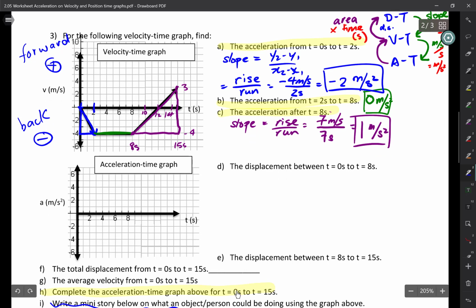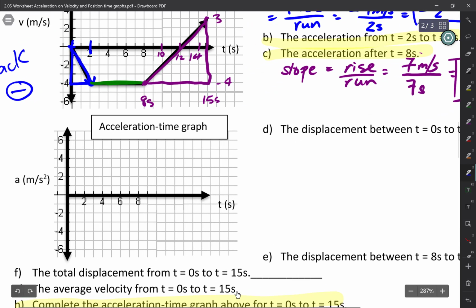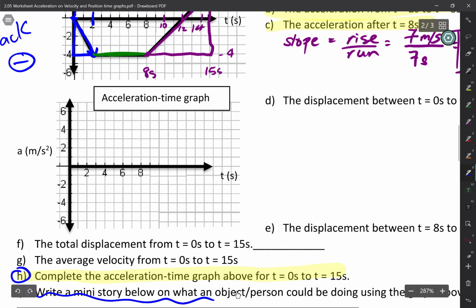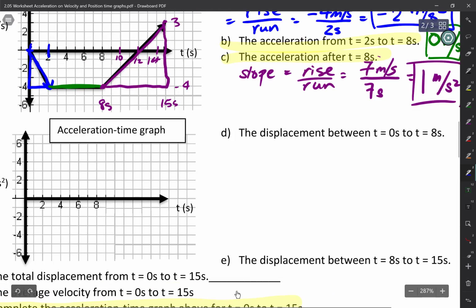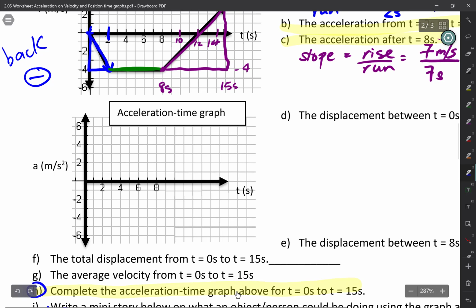So let's start with t from 0 seconds to 2 seconds, where the acceleration is -2. Let's graph that. So right now we're actually doing question H, just to make the flow of the understanding of the motion easier. -2 meters per second squared from 0 to 2 seconds, which is just here.